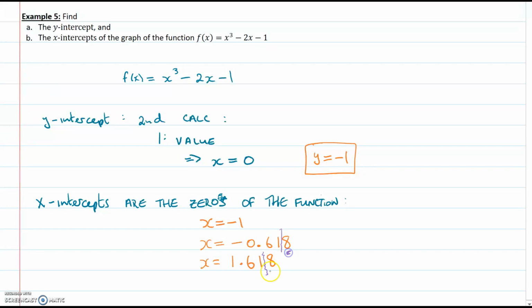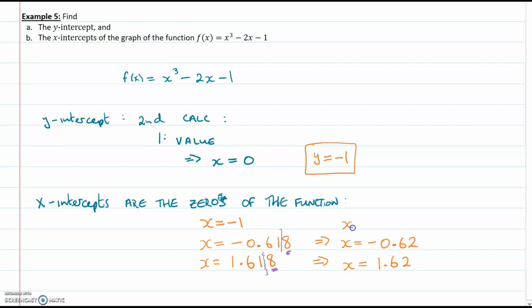And since in both these cases this digit after the dividing line is greater than 5, we do have to increase the digit in front. So this is going to become x equals -0.62, and this one will become x equals 1.62.